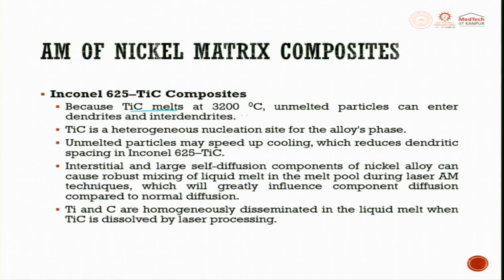Because TiC melts at around 3200 degrees Celsius, unmelted particles can sit in dendrites or interdendrites. TiC is a heterogeneous nucleation site for the alloy's phase. Unmelted particles may speed up cooling, which reduces dendritic spacing in Inconel 625 TiC.